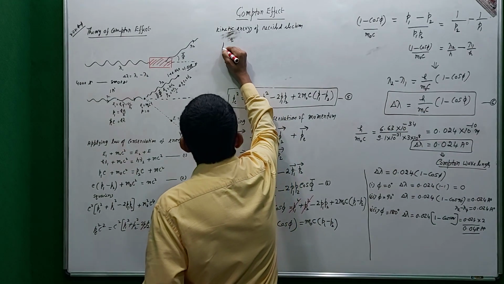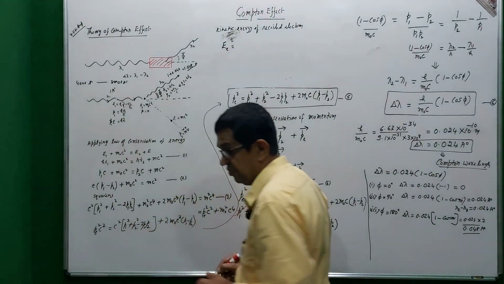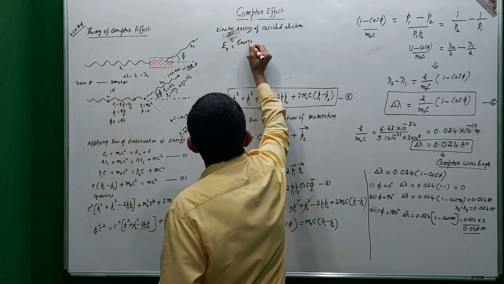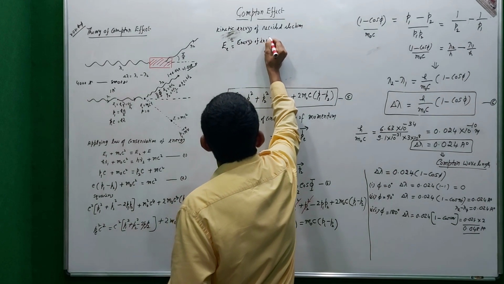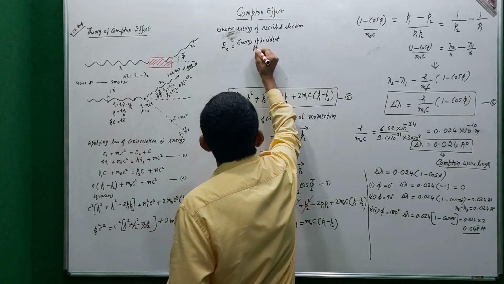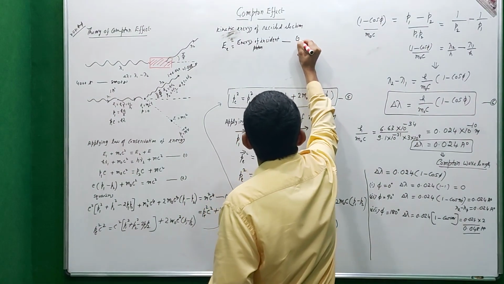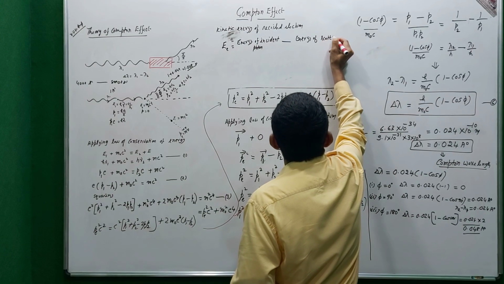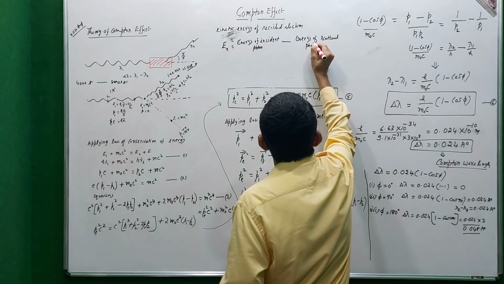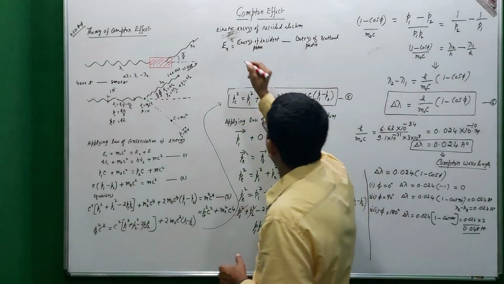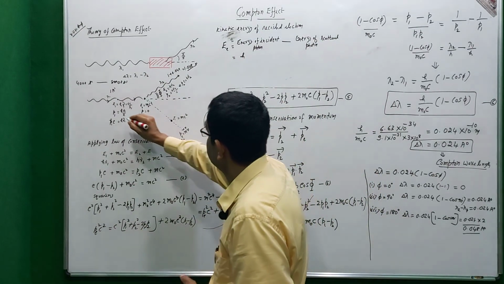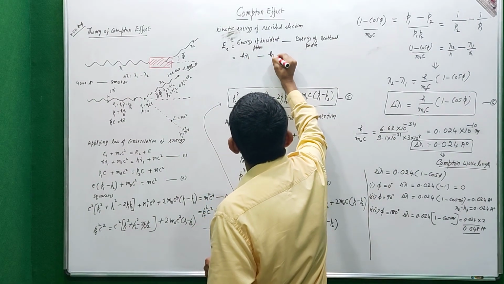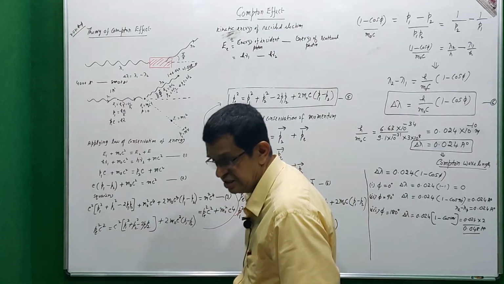Therefore the kinetic energy of the recoil electron, if you write it as E, is equal to the energy of the incident photon minus the energy of the scattered photon. The energy of the incident photon we have written as h nu 1, and the energy of the scattered photon is h nu 2.